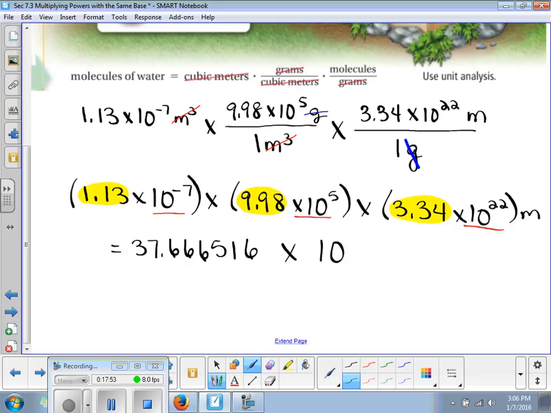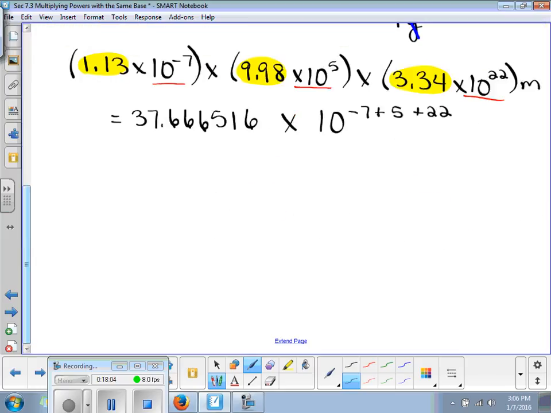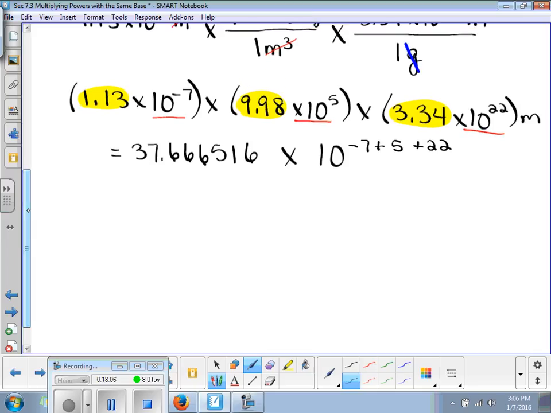So we've got negative 7 plus 5 plus 22. I'm going to go ahead and round this to 37.7, okay? So we've got 37.7 times 10 to the, what's that? To the 20th.